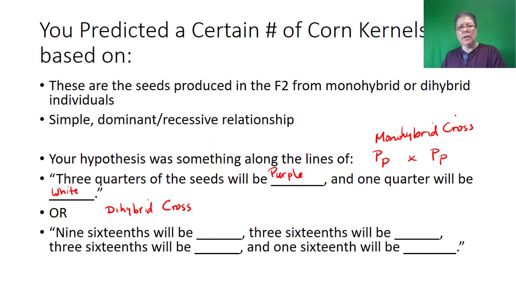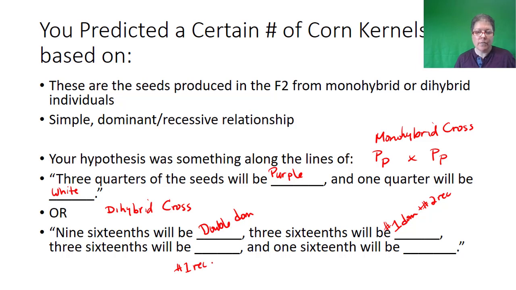So if we go back here, 9/16 are going to be double dominant, but you'd want to write out what that meant. 3/16 are going to be number 1 dominant plus number 2 recessive. 3/16 are going to be number 1 recessive plus number 2 dominant, and 1/16 is going to be double recessive.